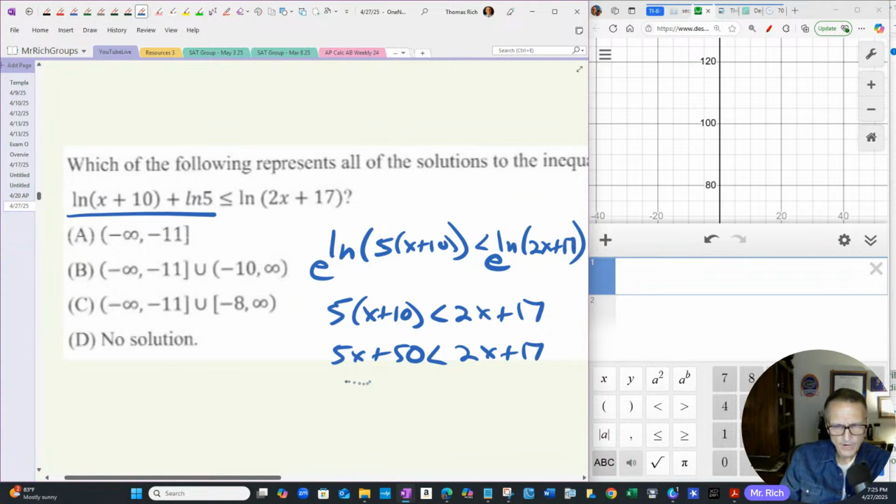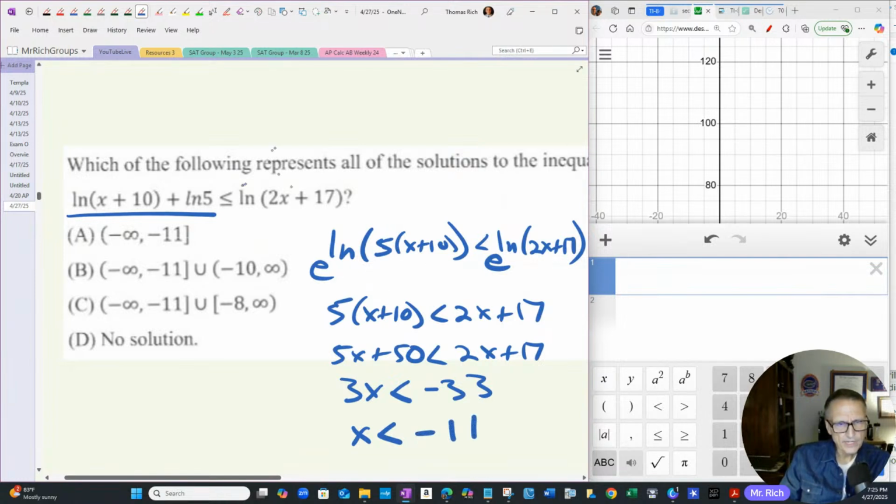We will subtract the 2x like this, and then we will subtract the 50 over there. So that's going to give us a negative 33. X would have to be less than negative 11.